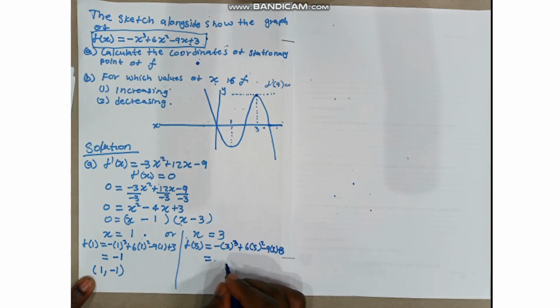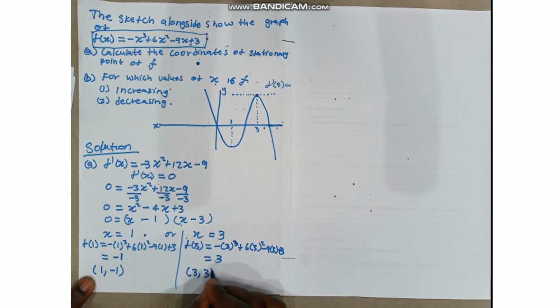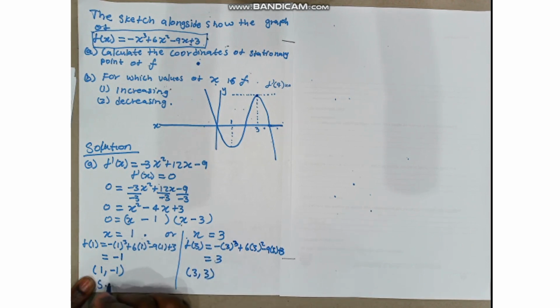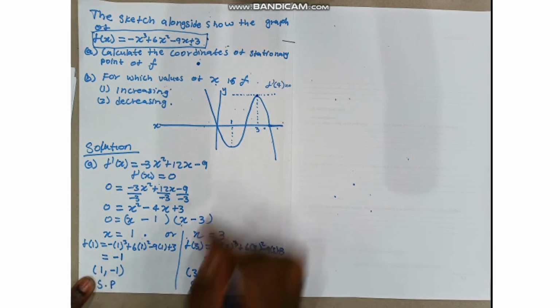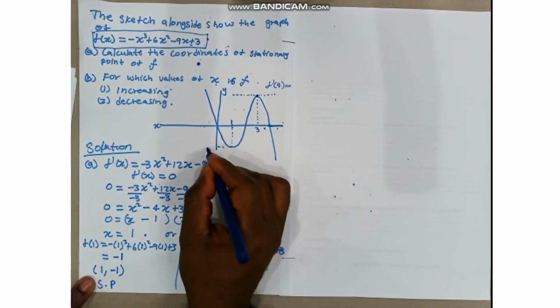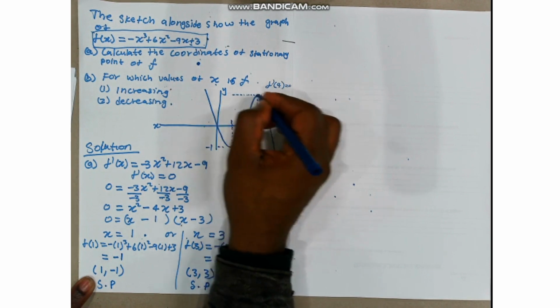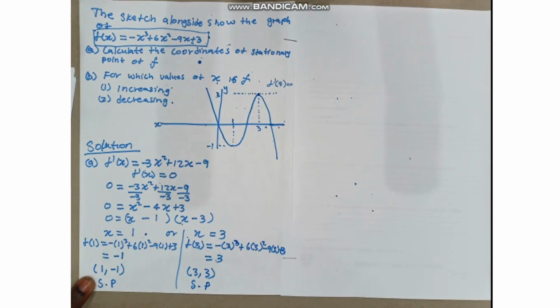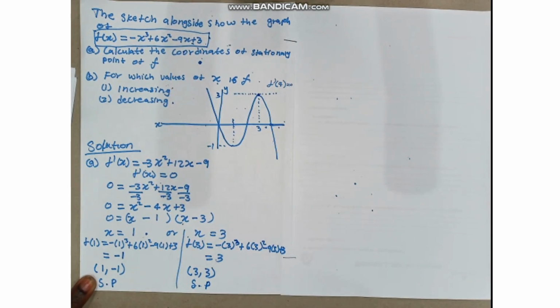Here, what do we get? We get 3 also. So our point here is 3 with 3. So our stationary points: 1 is mapped to negative 1, and 3 is mapped to 3. These are our stationary points.